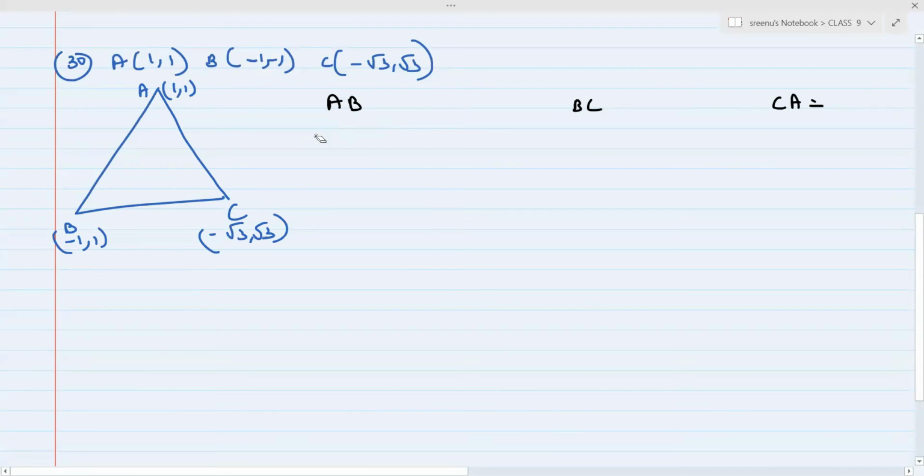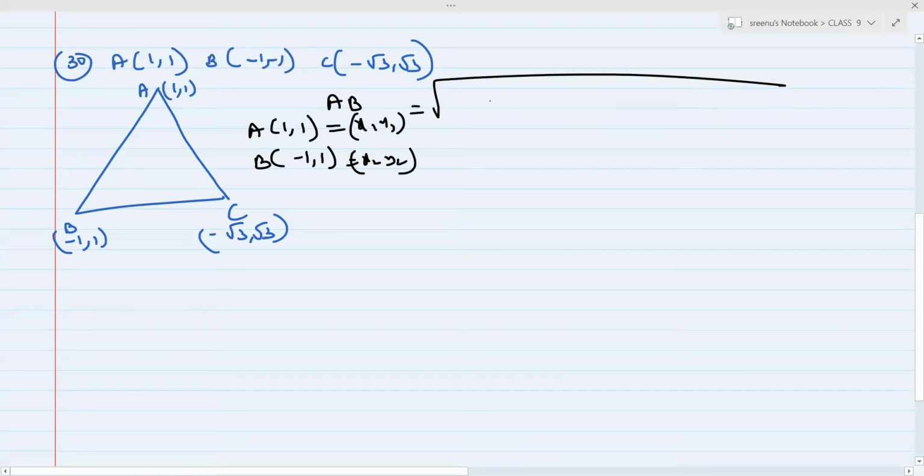First I will find AB. A is (1, 1), B is (-1, 1). I take A as x1, y1 and B as x2, y2.